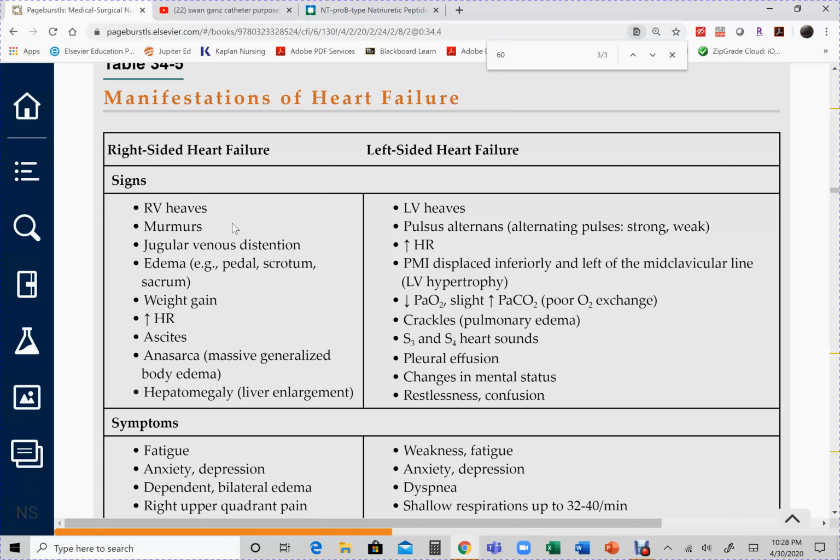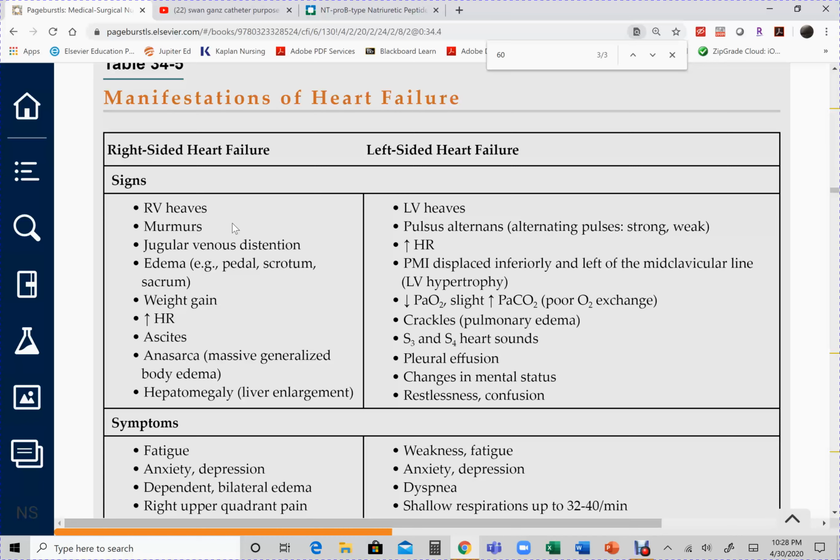Why is there jugular vein distension? This is blood that is unable to drain from the shoulders, the arms, and the head. There is edema in the dependent areas: the pedal area, the ankles, the scrotum, and the sacrum are all dependent areas.